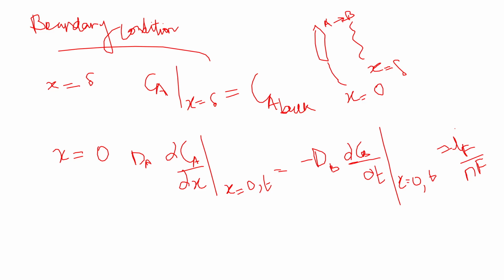So the current will give rise to a rate. A moves in and B moves out. So basically there is a current generated, or there is a net transfer of material happening. So iF equal to nF into rate. So iF by nF is nothing but the rate. It is just explaining the rate of movement of material across the electrode electrolyte interface. That is at x equal to 0.